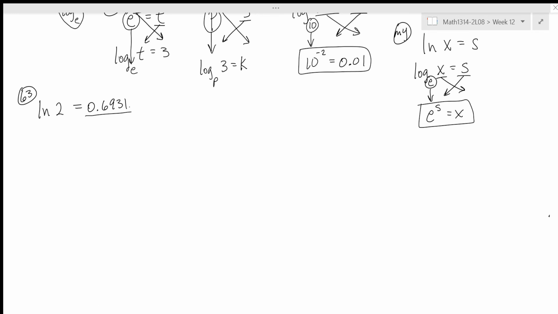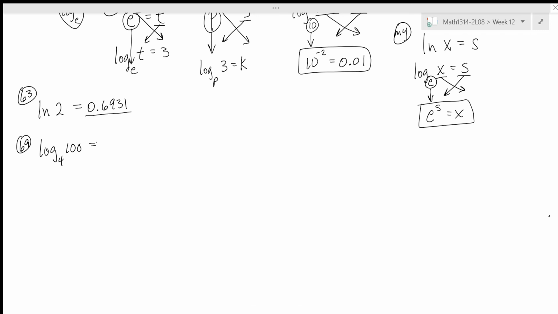Okay, let's do another one. Let's do number 69. Log base 4 of 100.